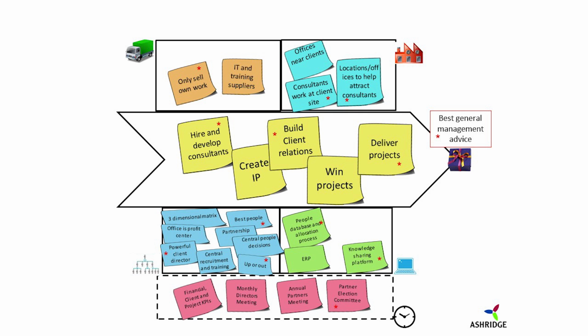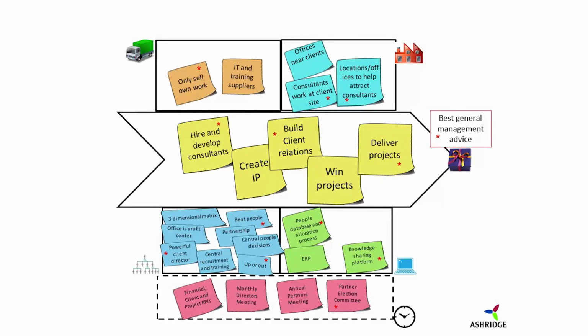The value proposition of this particular consulting company is best general management advice. So the consulting company is trying to take a general management perspective on the assignments that it does and to be the best at doing that.